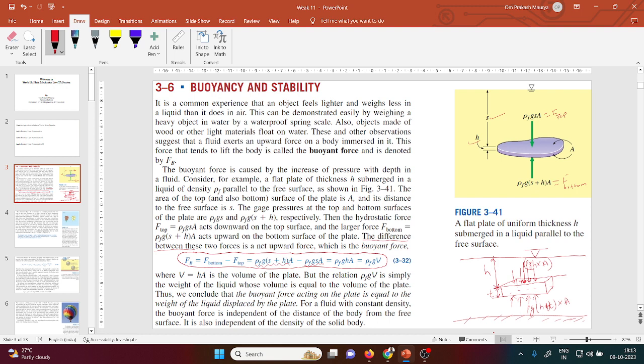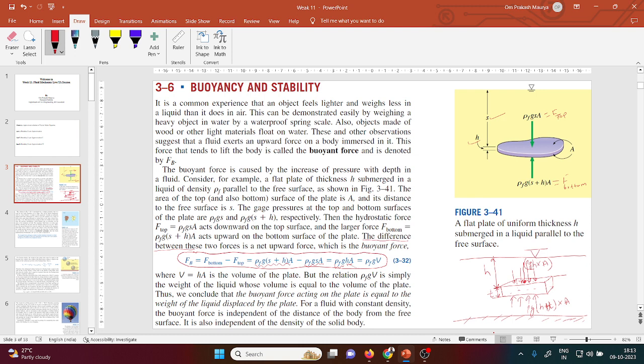When you solve this simple algebraic equation, you will get rho g h A, because the S and S terms will cancel. And A times H is what?